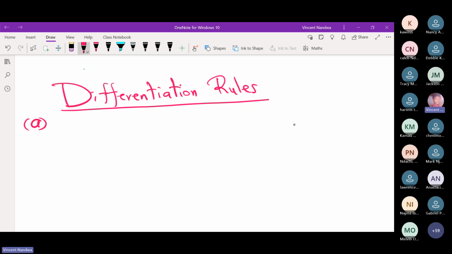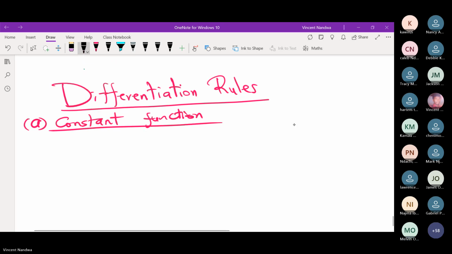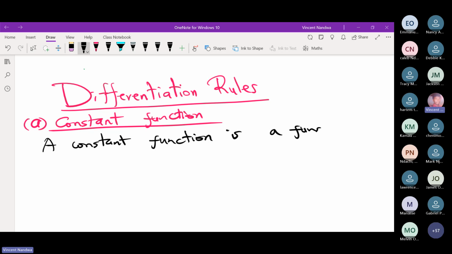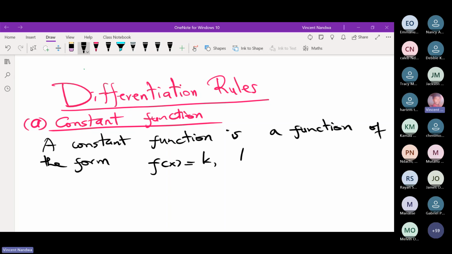So let's begin with the constant function. A constant function is a function of the form f of x equals k, where k is a real number.